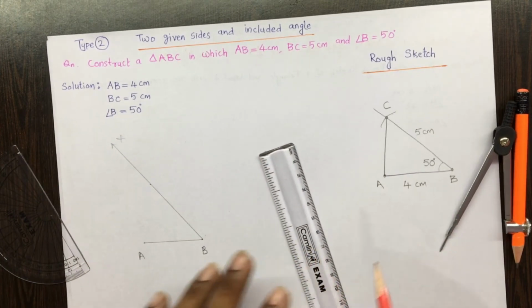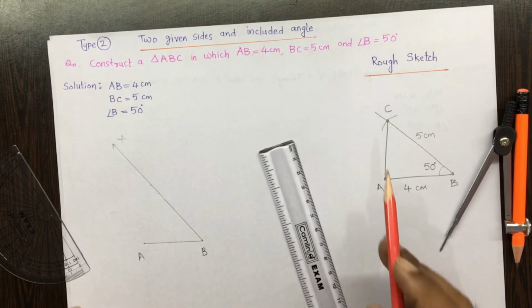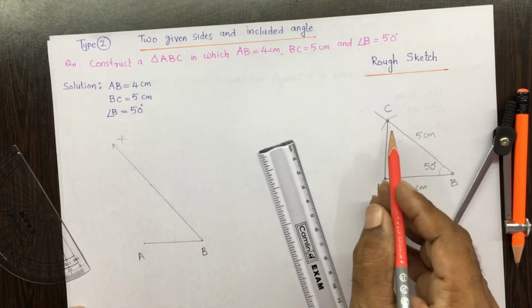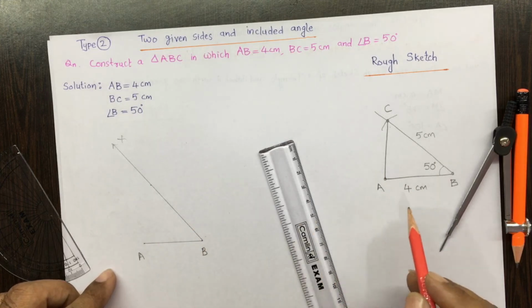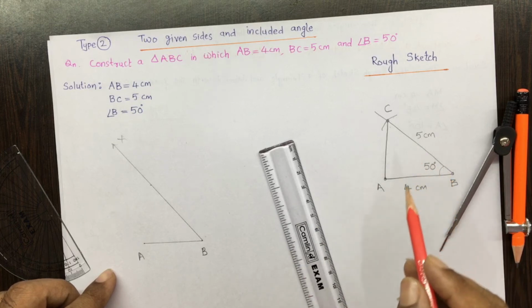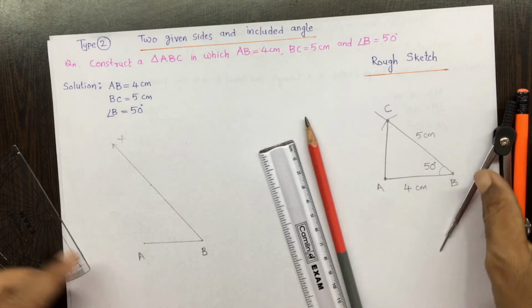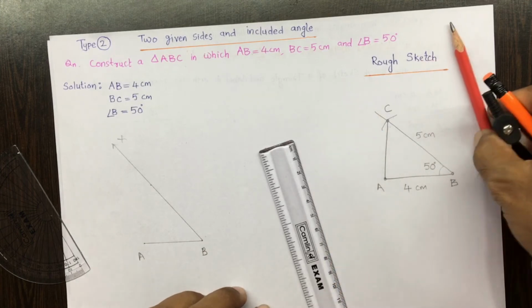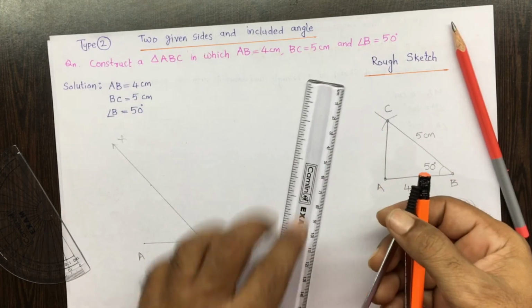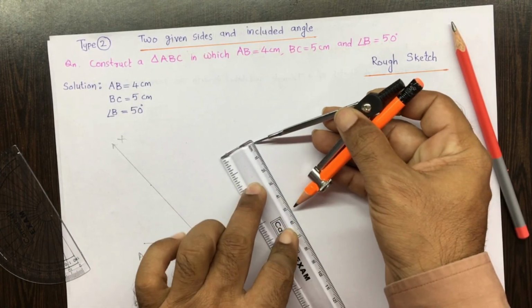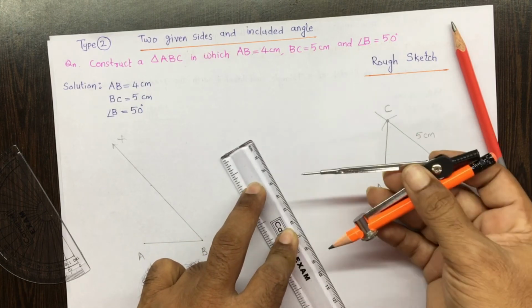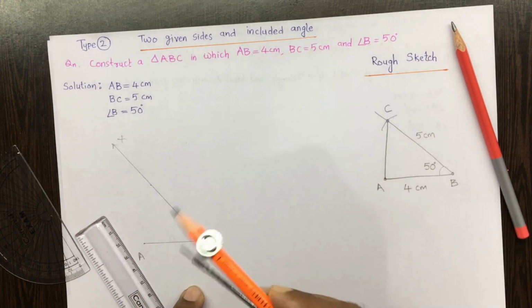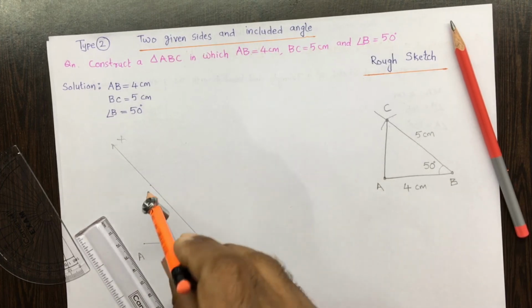Now, we need to mark the point C. Point C is on the ray BX and from B it is 5 centimeters distance. So, we need to check 5 centimeters and draw a 5 centimeter arc on the BX ray.